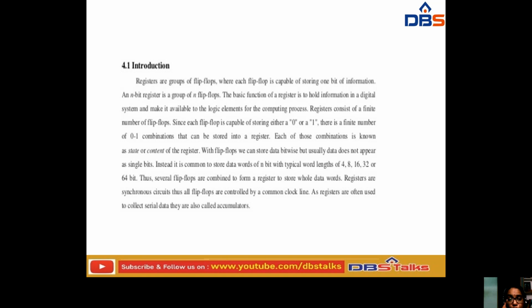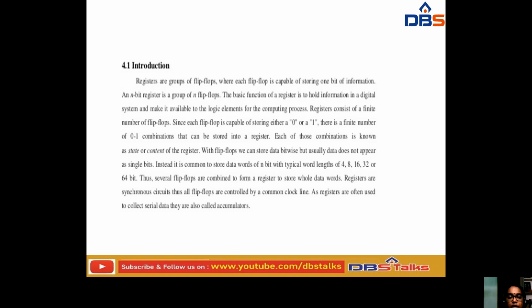With each flip-flop we can store the data bitwise, but usually the data does not appear as a single bit. It appears in the form of multiple bits. So it is common to store data words of n bits, which is a typical word length, that is 4 bit, 8 bit, 16 bit, 32 bit.